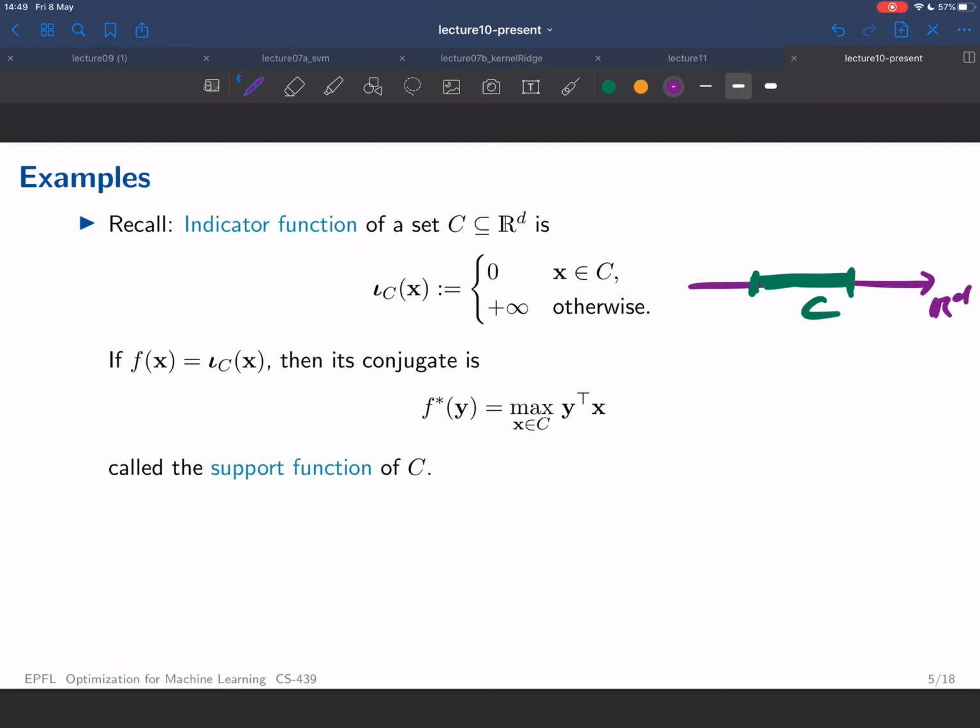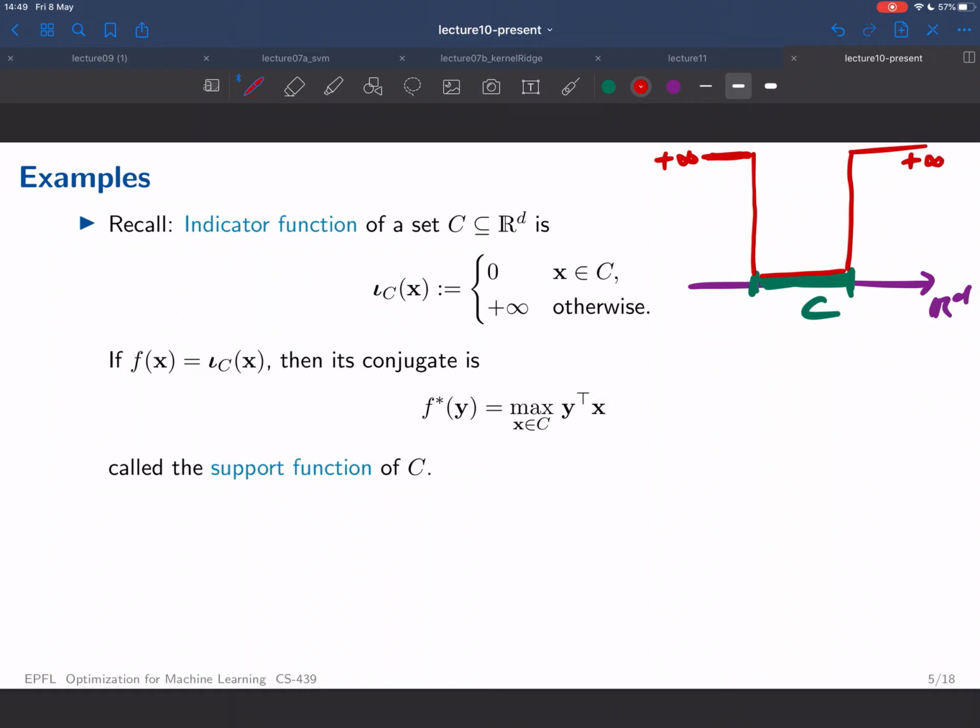Then the function I associate with that is the so-called indicator function. It's plus infinity if you're outside the set, so you're up here, and then as soon as you're inside the set or on the boundary, you get 0, and then when you're outside again, the function is again plus infinity. This is the indicator function of a set. I think you might have seen it before.